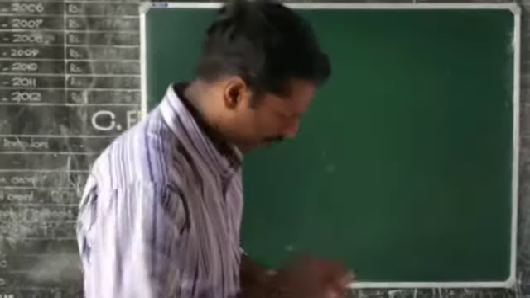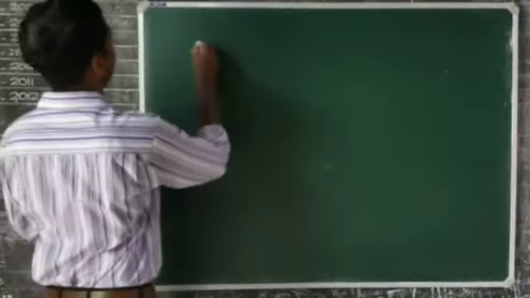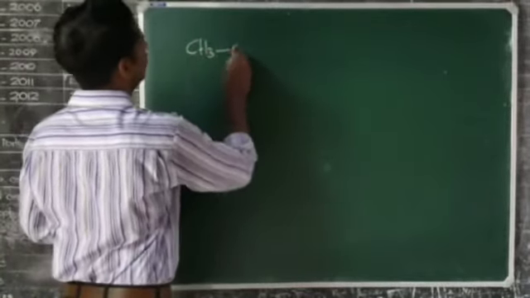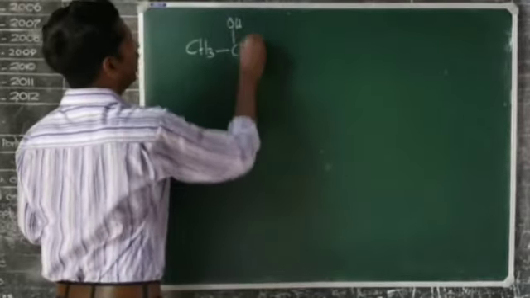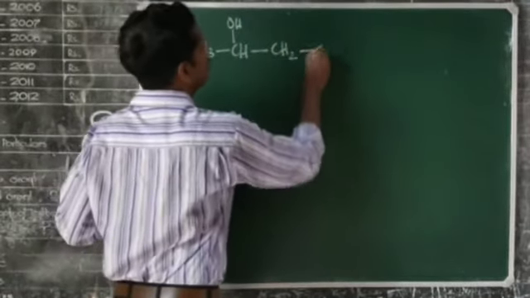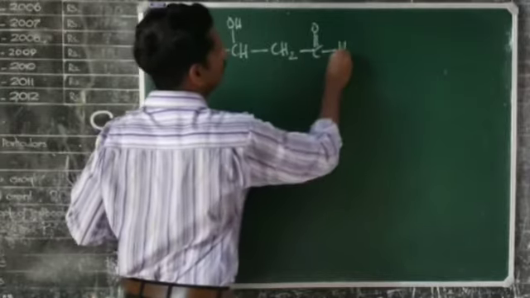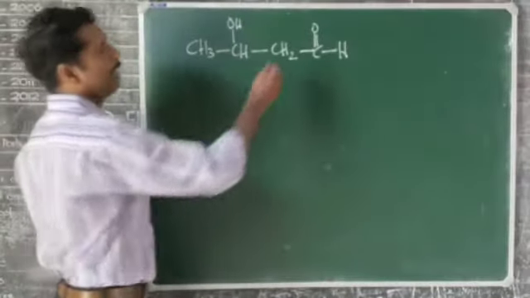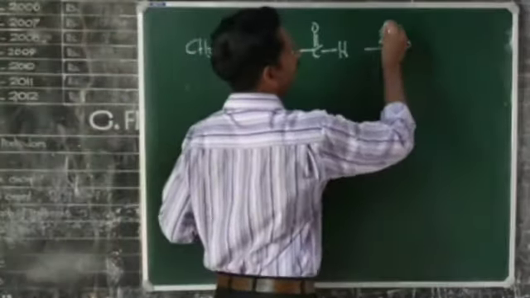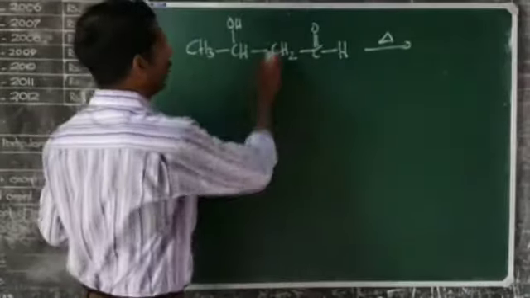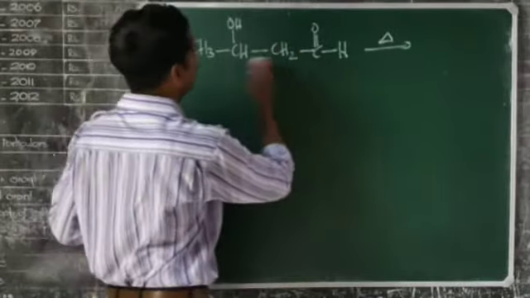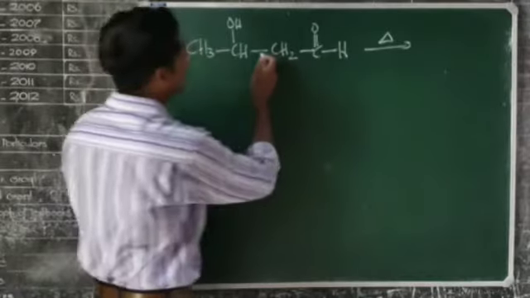The structure of aldol is like this: CH3, CH, OH, CH2, C double bond O, H. This is our aldol. This aldol on heating will eliminate a water molecule.